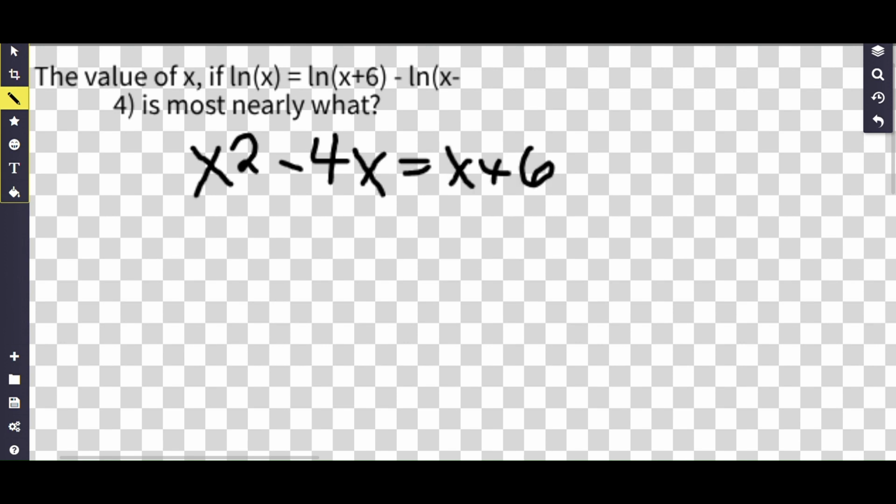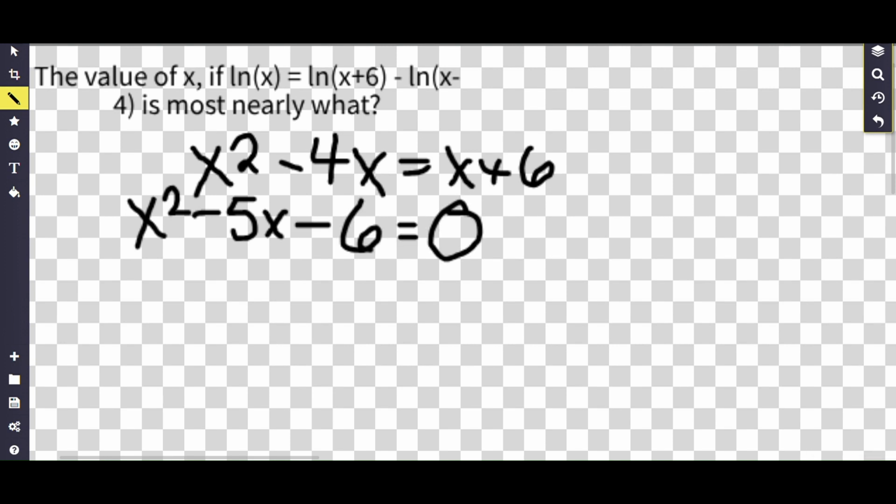Again, this is after we've FOILed. Now we're bringing this x plus 6 over here to the left, and we'll account for it, which then becomes x squared minus 5x minus 6 equaling 0.